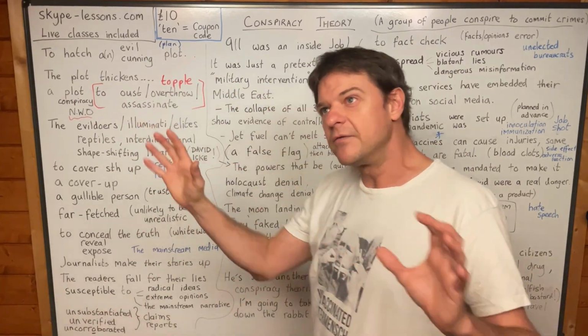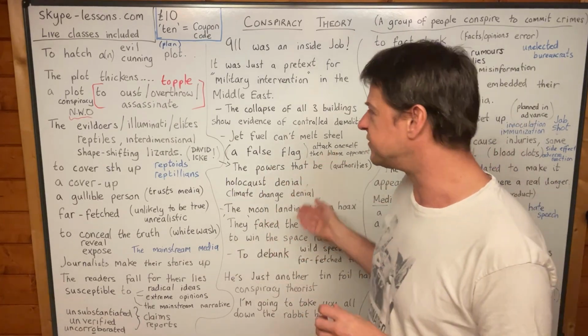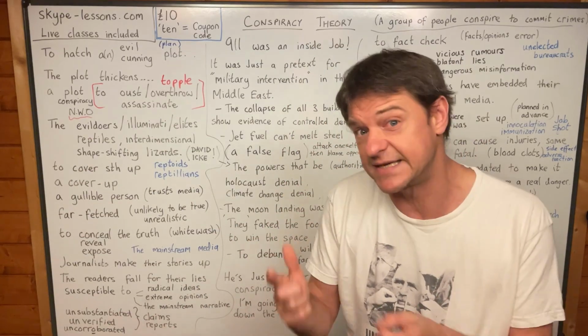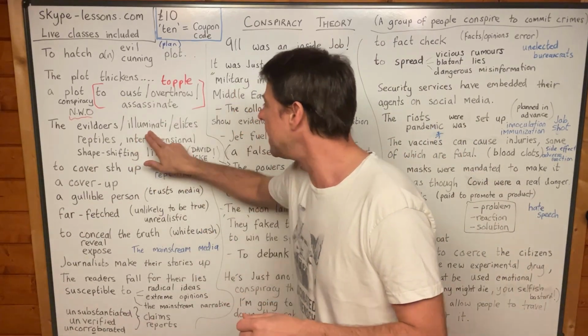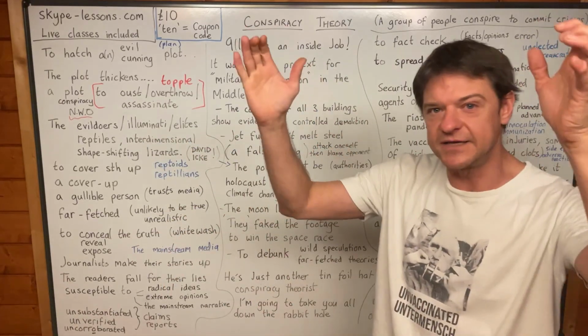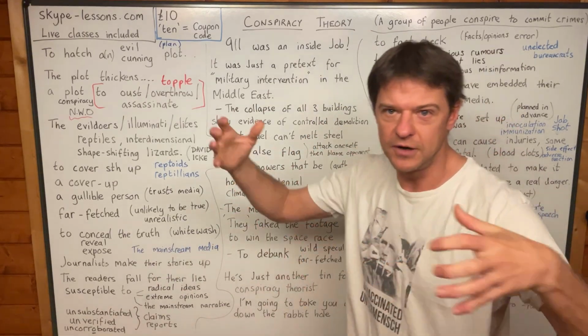Now, when we're talking about the people that are in charge of the conspiracy, I think in a lot of conspiracy websites, you'll hear them called the evildoers, because they are people who commit evil acts. You might hear this word, the Illuminati, and this means the people right at the top, the elites, and they're the ones who control everything.